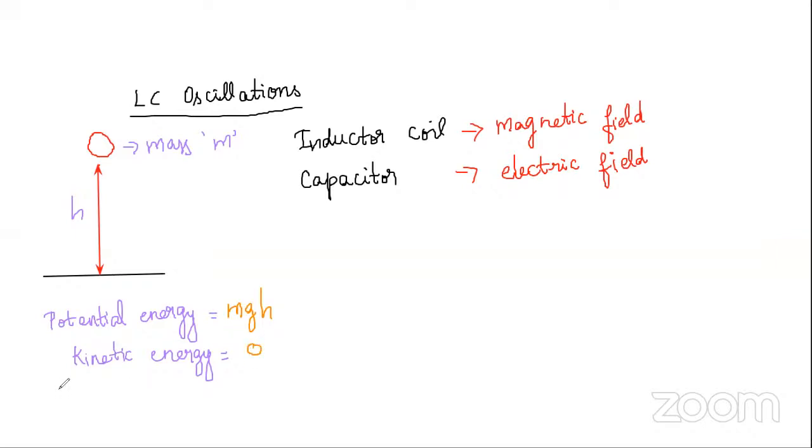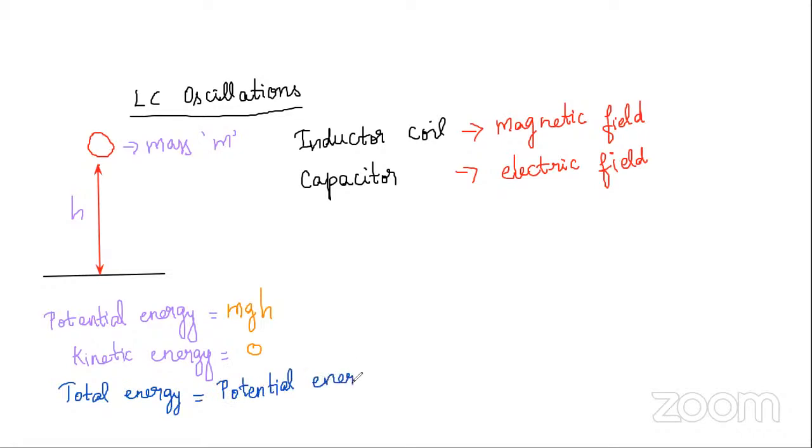So the total energy is the sum of potential and kinetic energy.